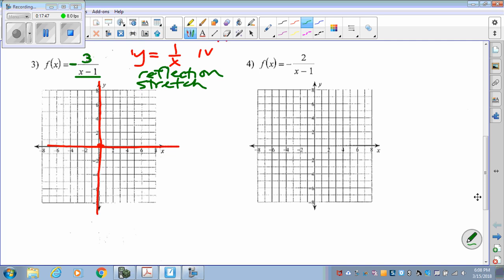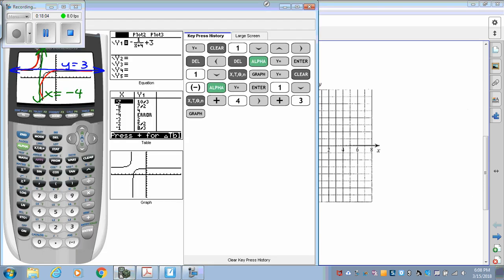It looks like it's the opposite, so instead of left 1, it's going to go right 1. That's what I'm predicting. We want to predict before we put it into the calculator, that way we learn more.